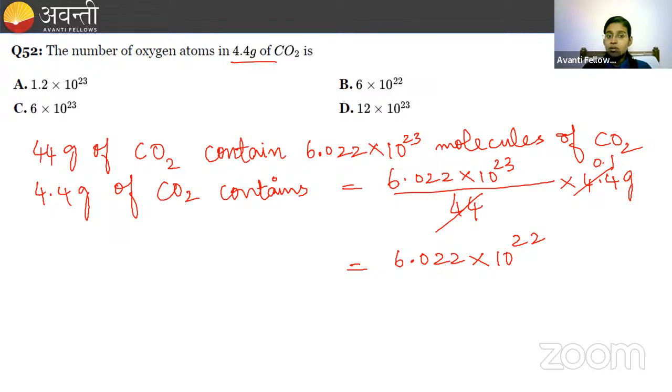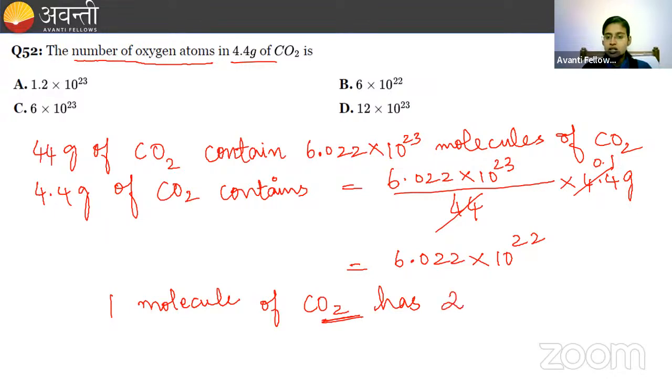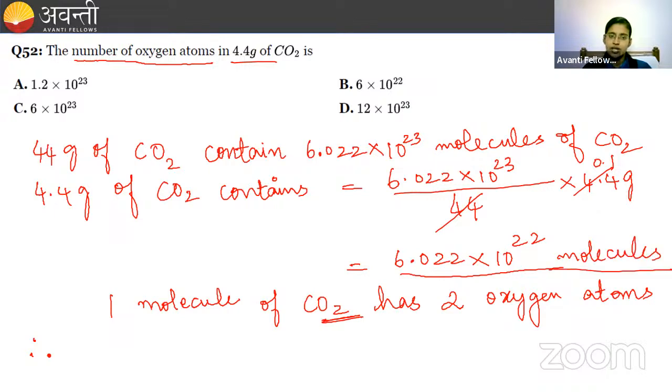Now we have to find out the number of oxygen atoms, right? So 1 molecule of carbon dioxide has 2 oxygen atoms, right? So in one molecule of carbon dioxide, how many oxygen atoms we have? Here we have 2 oxygen atoms. So we have 6.022 into 10 to the power 22 molecules of carbon dioxide according to the question, right?